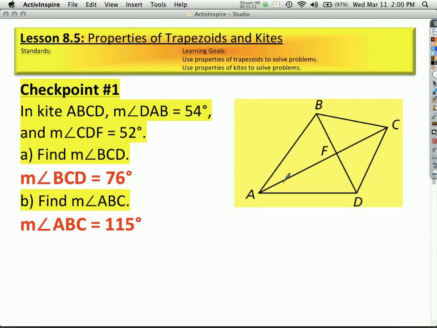I looked at the angle. Okay, so Brian asked a question, and I quickly looked it up while you were working. There is a theorem that says that this diagonal bisects the other one.